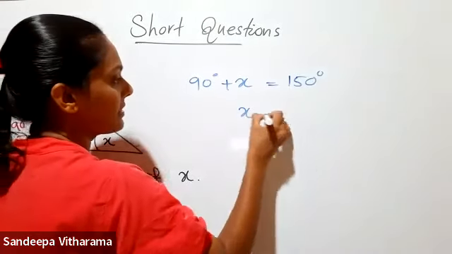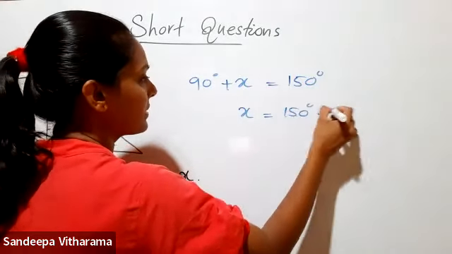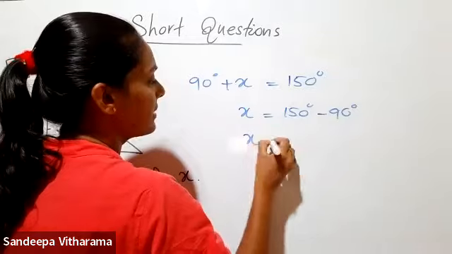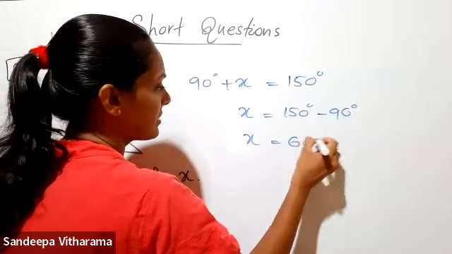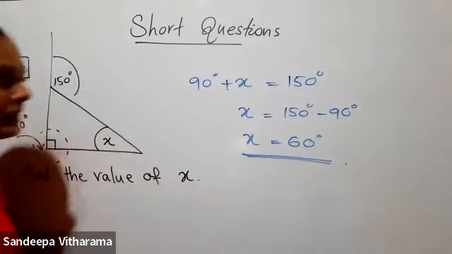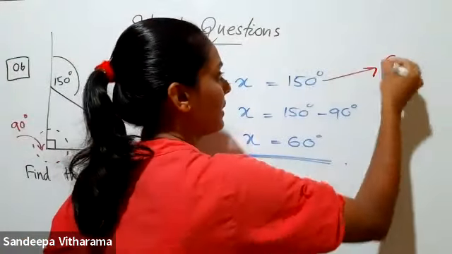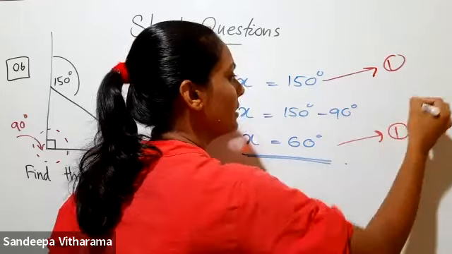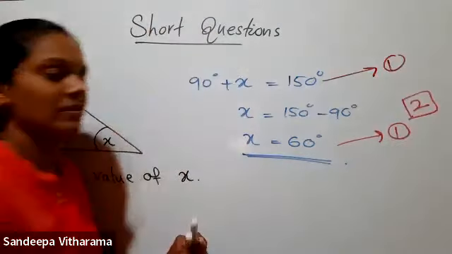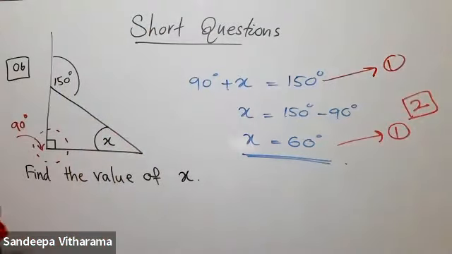So x equals 150 subtract 90, then x equals 60 degrees. Okay. And you are given the marks. This is 1 mark. This is 1 mark. Altogether 2 marks. Okay. This is how you can obtain the marks.